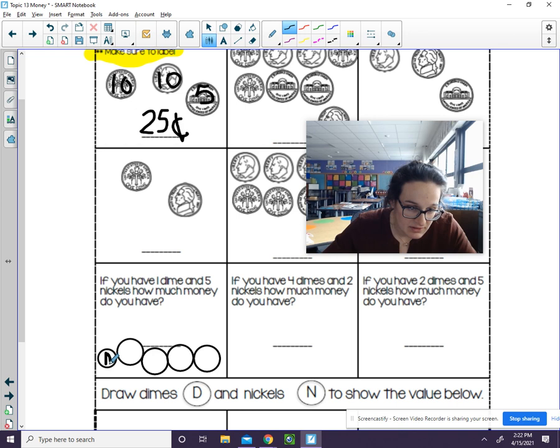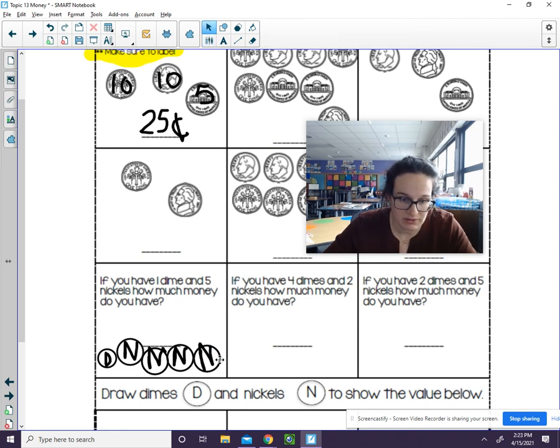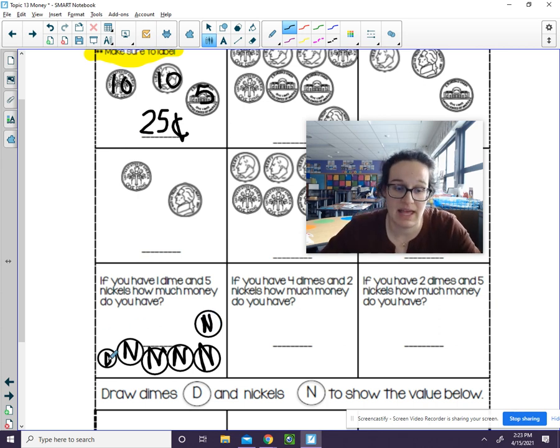I put a little D. And then nickels have my Ns. I need 1 more nickel. Okay. Then I could count this. So it's 10. And then each of these nickels are worth 5. So 15, 20, 25, 30, 35. So it's 35 cents.